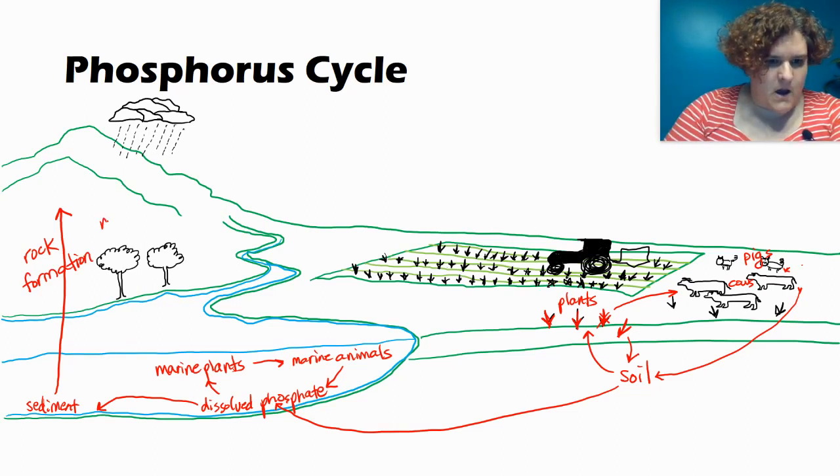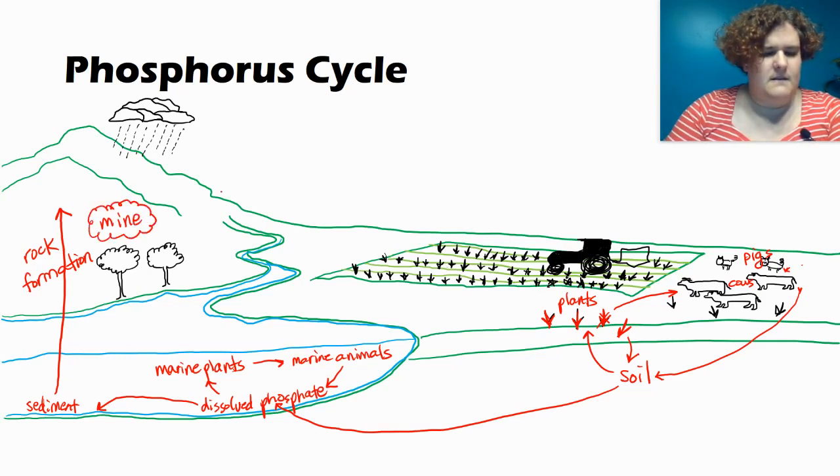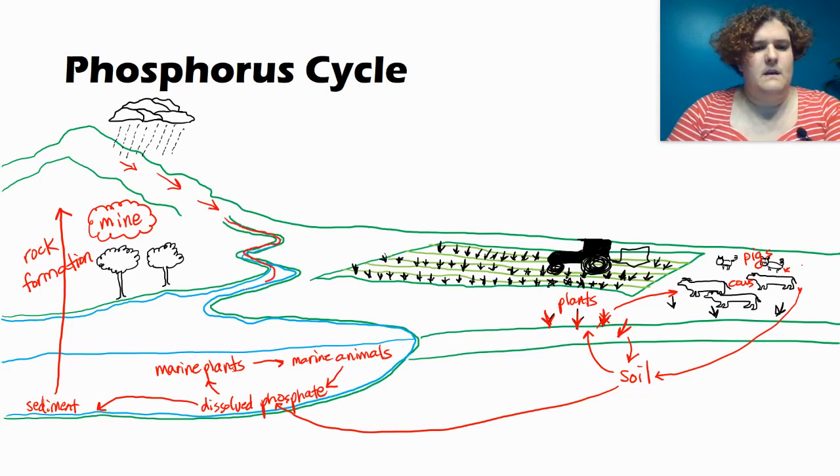And we'll actually find pockets of phosphate that we mine in the ground. We'll come back to why we do that. Okay, so those rocks can also be weathered or eroded back into the water supply.